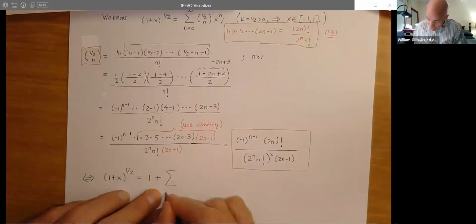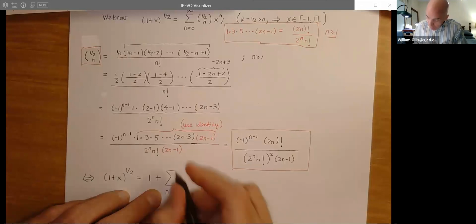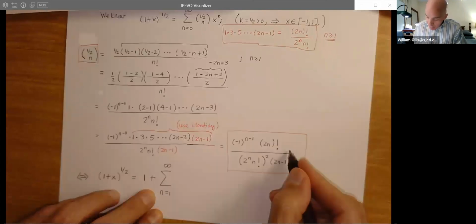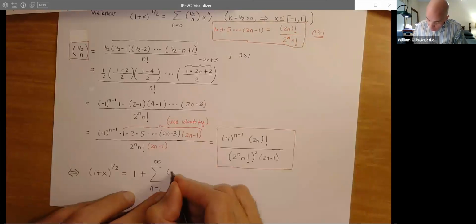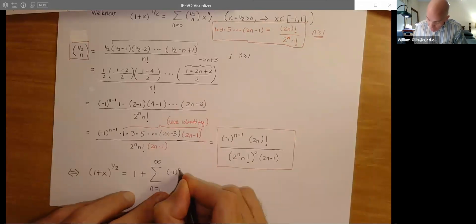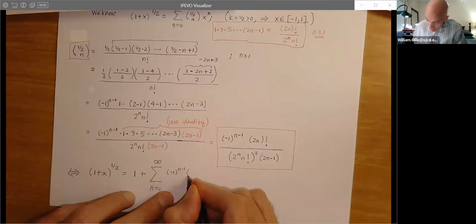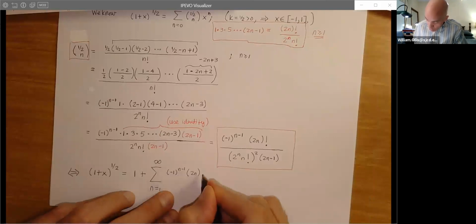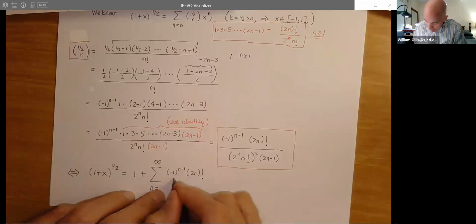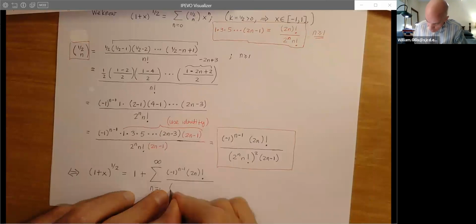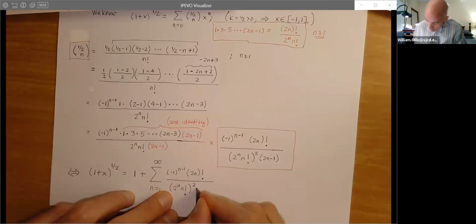So we have n equals 1 to infinity, and put all this in with the x to the n. So we have negative 1 to the n minus 1, 2n factorial, over 2 to the n times n factorial squared times 2n minus 1, times x to the n.